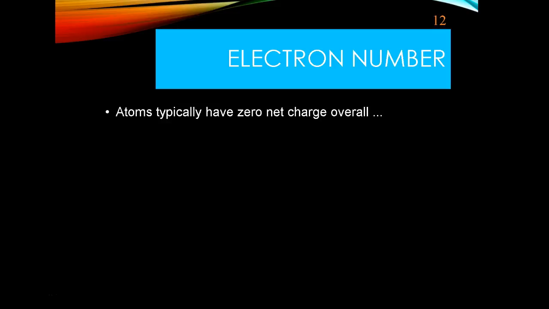So what we're saying is, if the proton number balances the electron number, then we know that that number will be 0. We get those charges balanced.